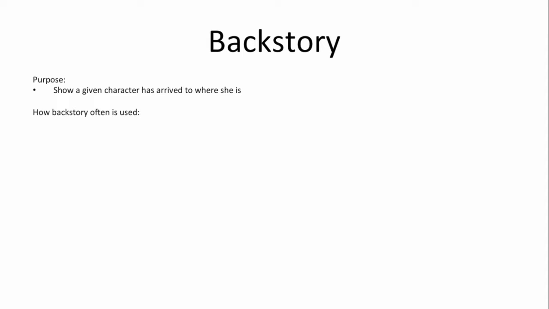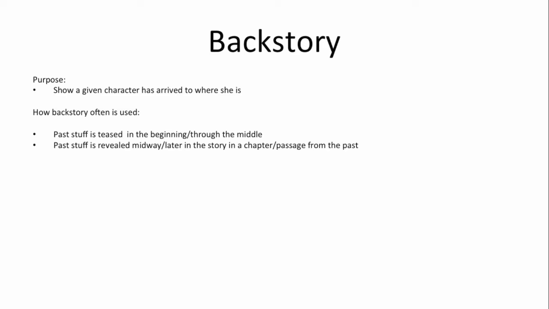And how backstory is often used is past stuff is teased in the beginning through the middle of a story, and then the past stuff is revealed midway or later through the story in a chapter that's dedicated to that past thing.